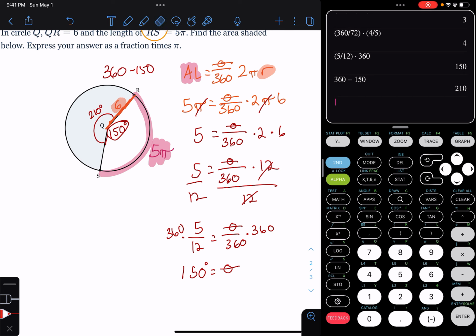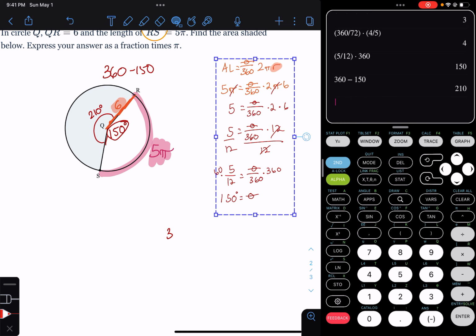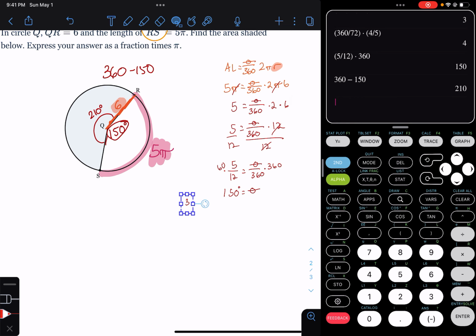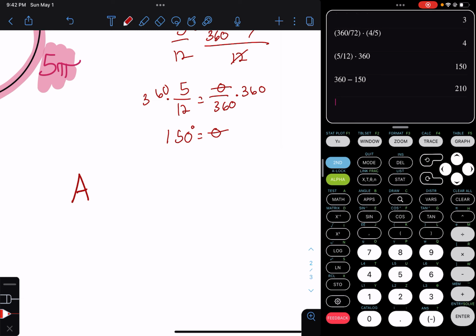And they asked for the area of that, correct? So we're going to use the formula for calculating the area of a sector. For area of a sector, we do theta over 360 times pi r squared.